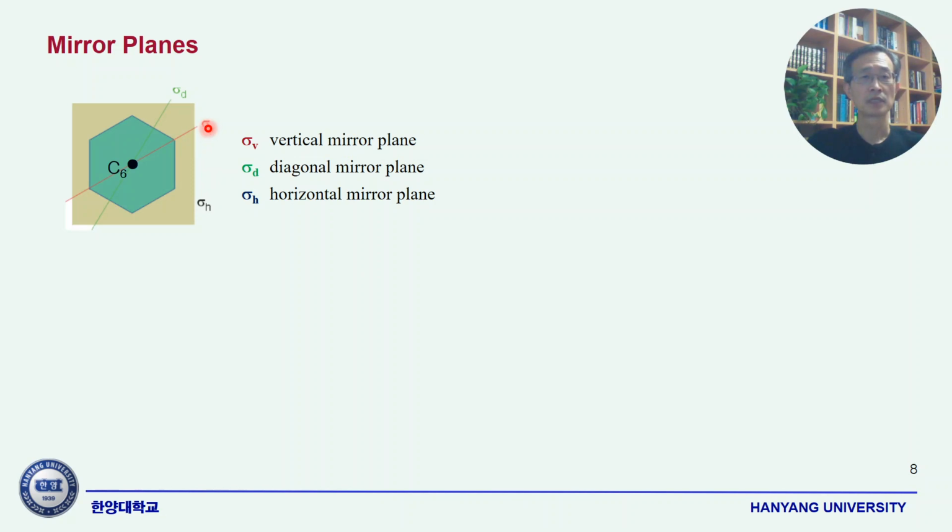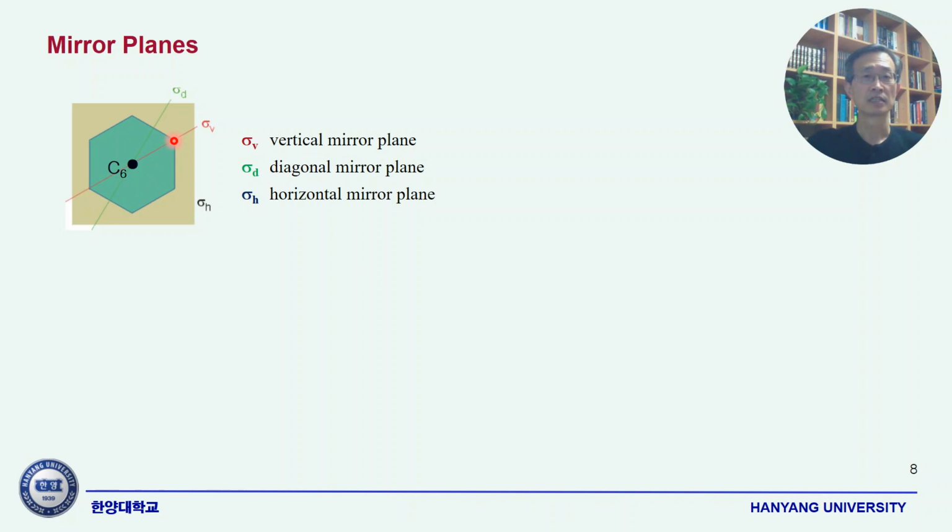Let's look at this as a benzene molecule. At each apex there are carbon atoms, and this is the C6 axis. Usually we put a hexagon here to designate the C6 axis.